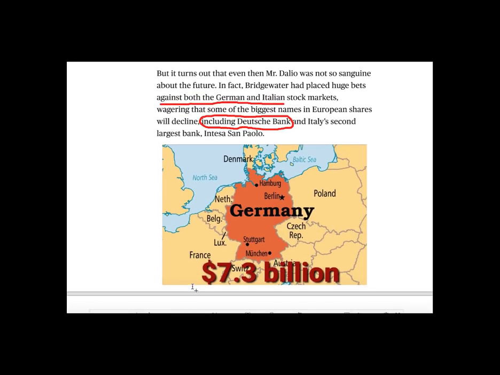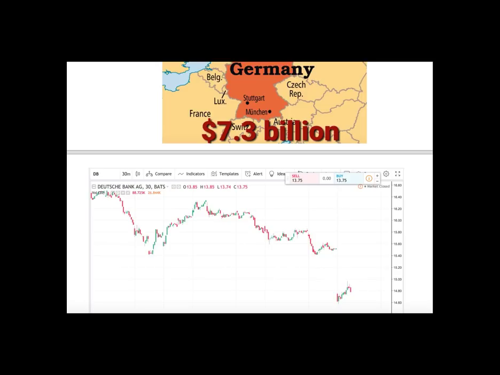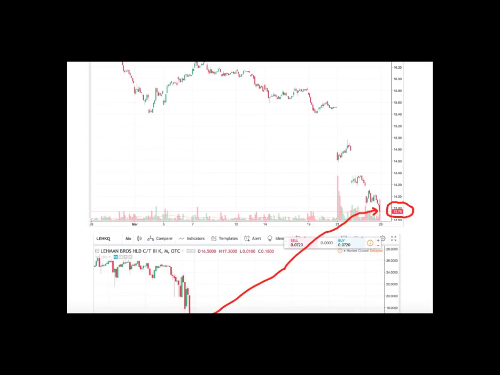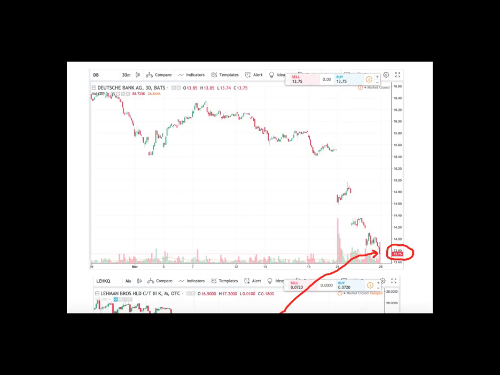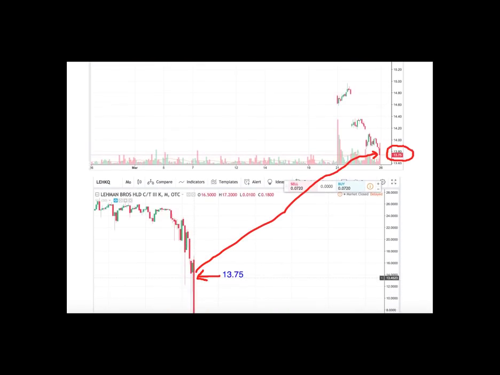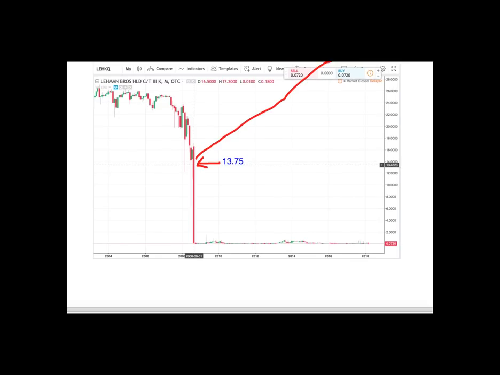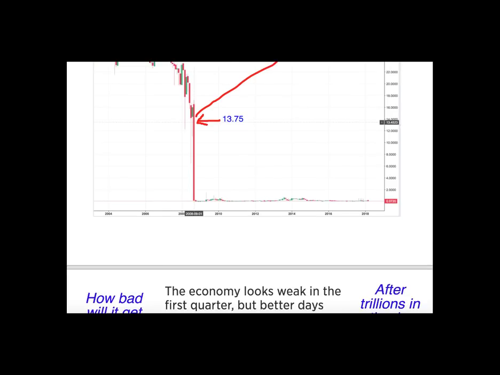Well, 33% of this bet apparently went towards betting against German stocks, including Deutsche Bank, to a possible extent of $7.3 billion. So what do we have? Again, we have a possible situation where instead of Lehman Brothers, it's Deutsche Bank that's going to collapse and cause another financial crisis, which could be similar to 2008, where the only problem is it could be worse.